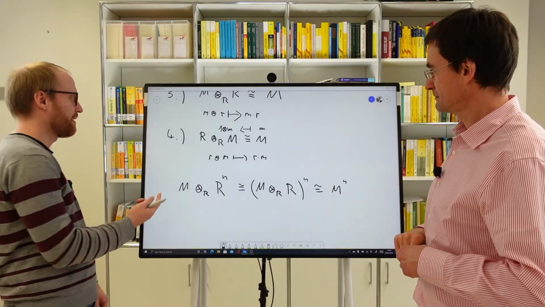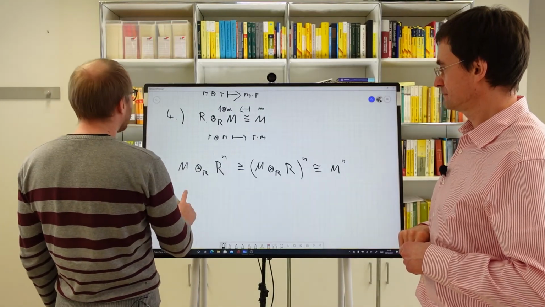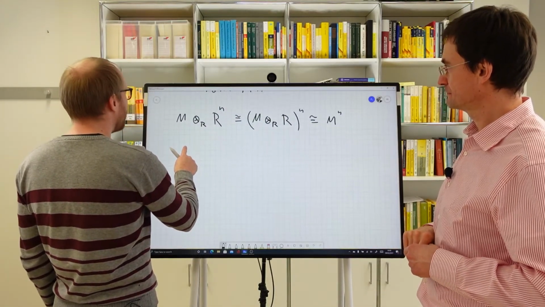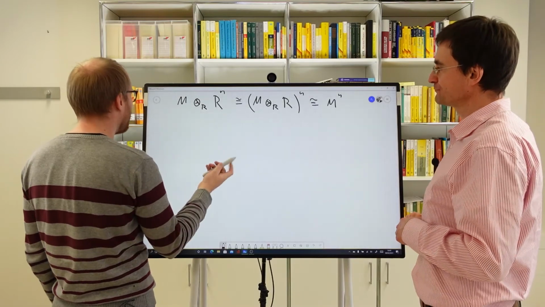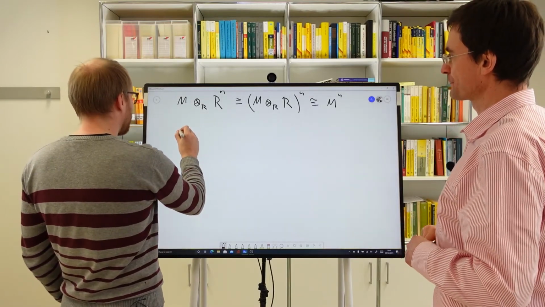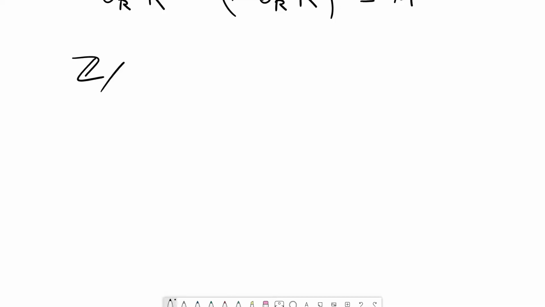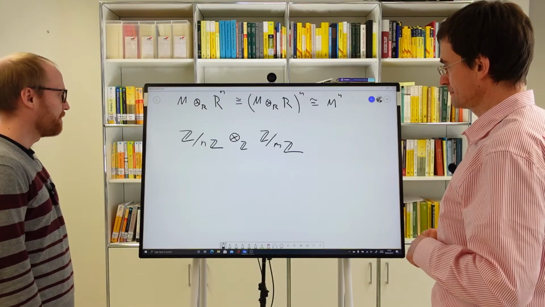Okay, so I'd suggest we look now at a little more inspiring example and see if we can apply all these things we know about tensor products to compute them. So how about we take the cyclic Z module of order n, and form the tensor product over Z with Z/mZ. So what would that be?